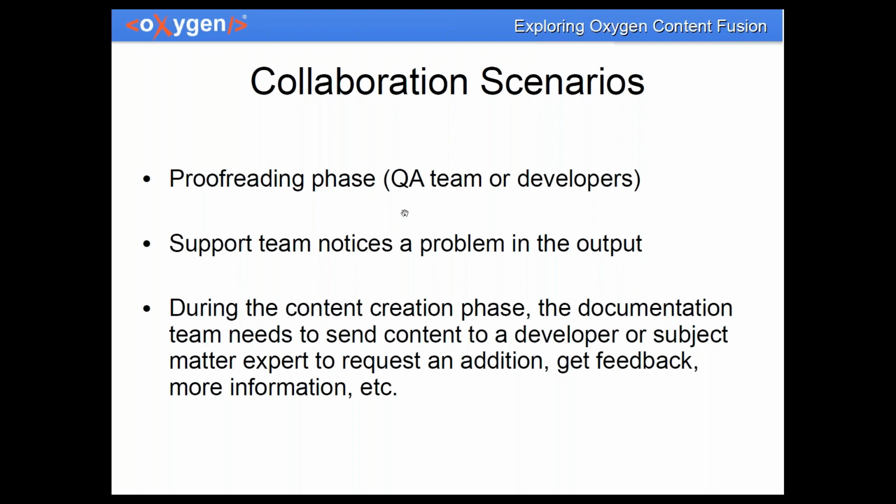Second is when the support team or somebody notices a problem in the published output. And the third is during the content creation phase, when the documentation team needs to send content to a developer or subject matter expert to request additional content or get feedback, more information, etc.